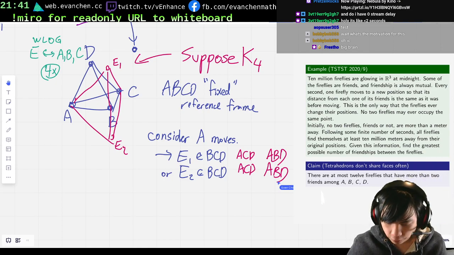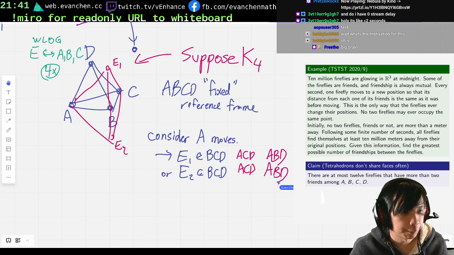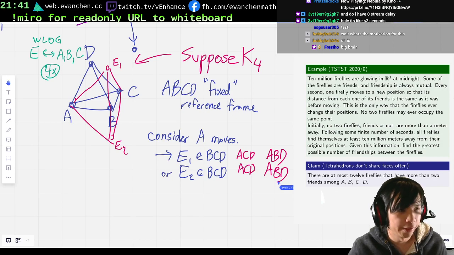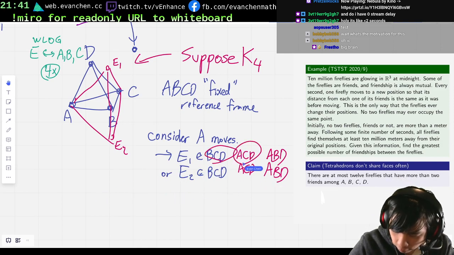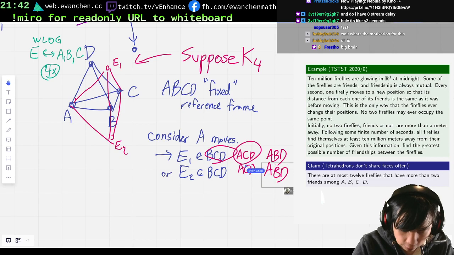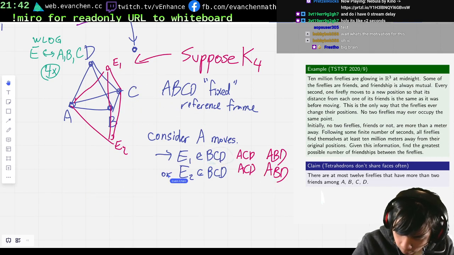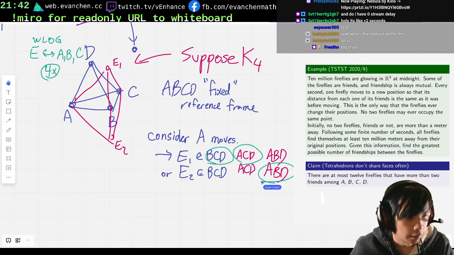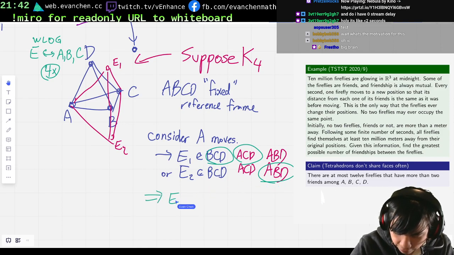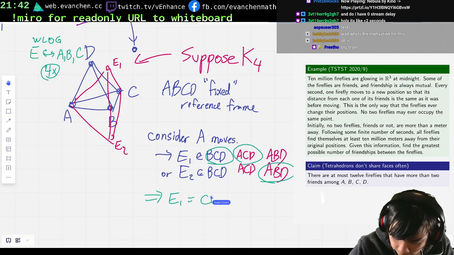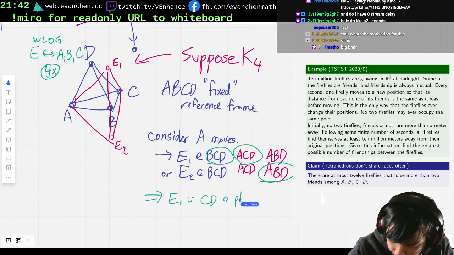Anyways, if you look at these things, by pigeonhole, one of the points is in 2 of the faces. Like maybe we have this one, and that one. Let me do it in green actually. And if this is true, then E1 is given exactly by the intersection of CD with the plane ABD reflected.